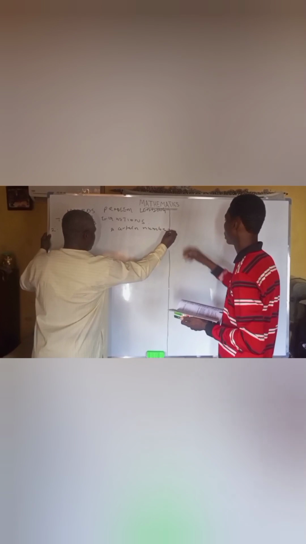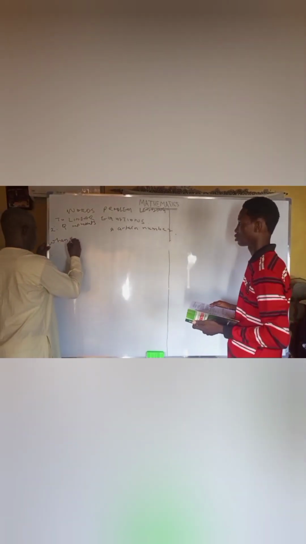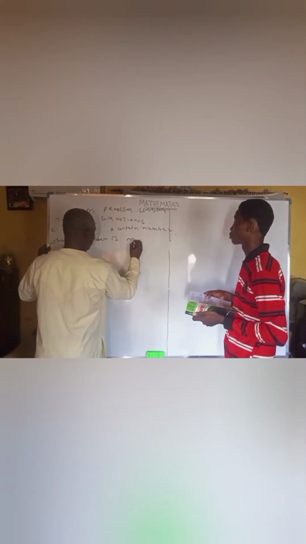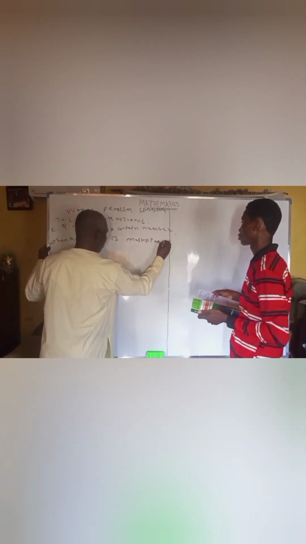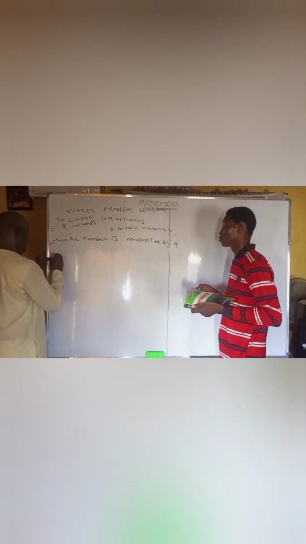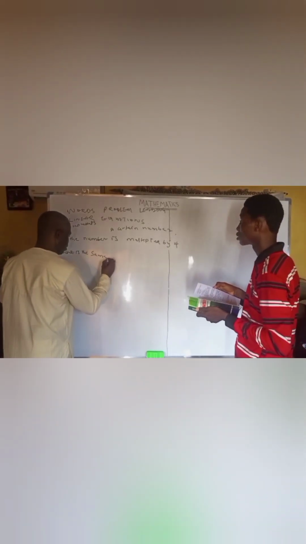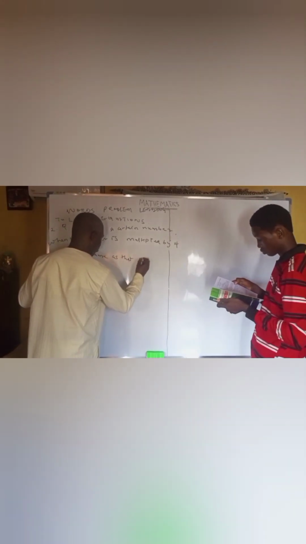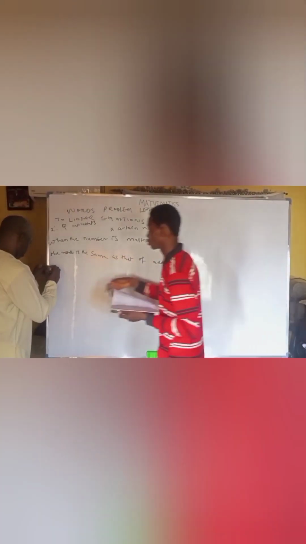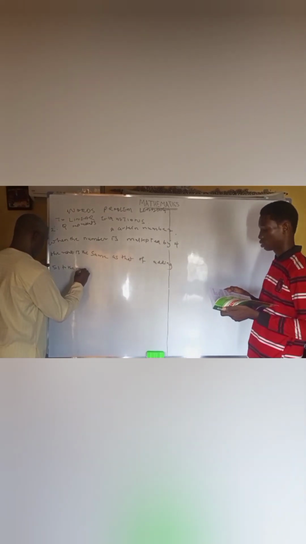When the number is multiplied by 4, the result is the same as that of adding 51 to the number. Find the value of Q.